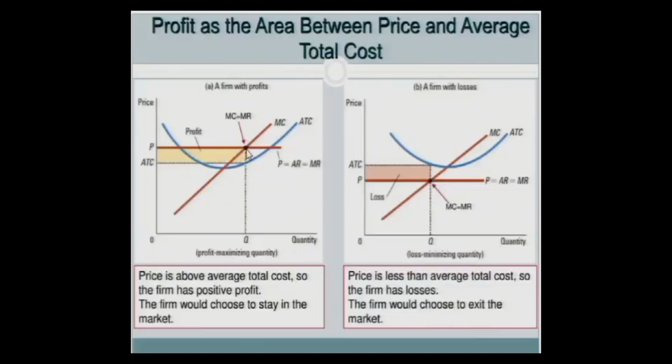But now, if there is a supernormal profit in the short run, in the long run, new firms enter the market. They enter the market to take advantage of the profits in the short run. And once the firms enter the market, the market price goes down. Now look at this case. Now the market price is this price line here, where the price is equal to average revenue and also equal to marginal revenue.